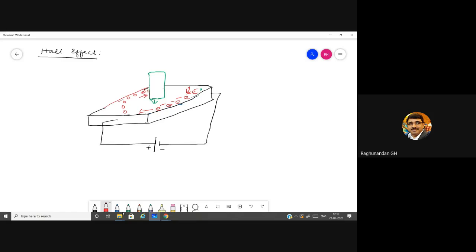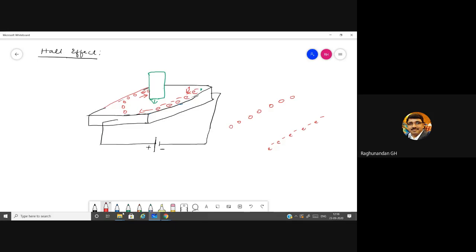Anybody? Electrons experience force, sir. Electrons experience force. Okay. Initially, you might have observed I wrote these holes in a straight line and these electrons in a straight line.